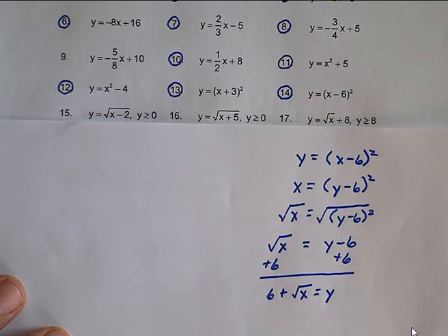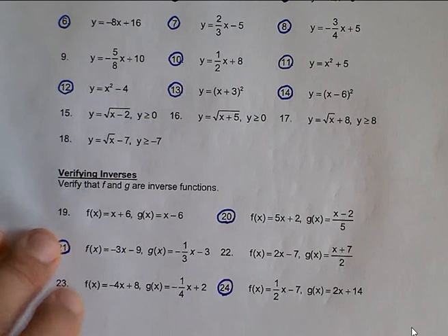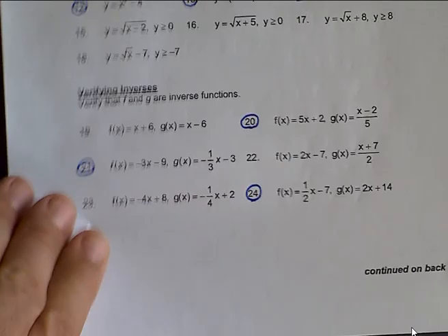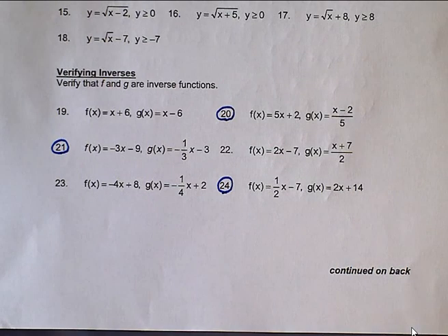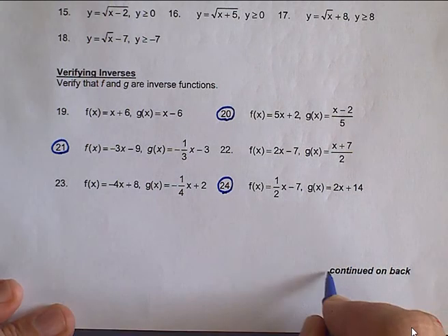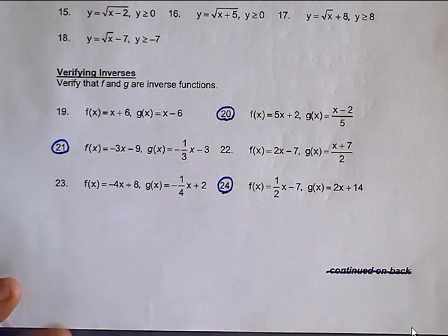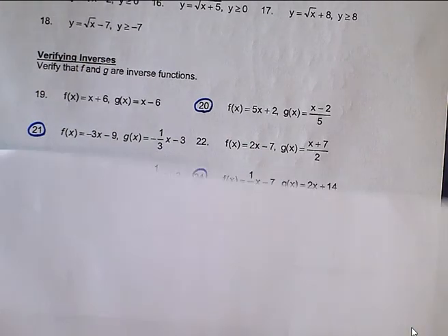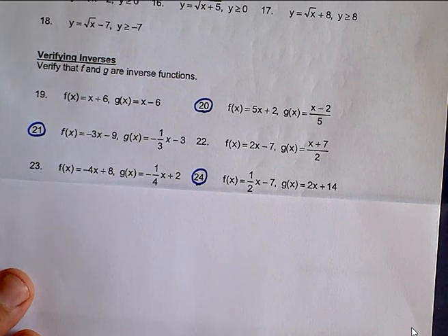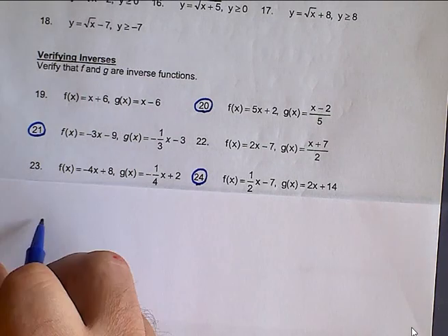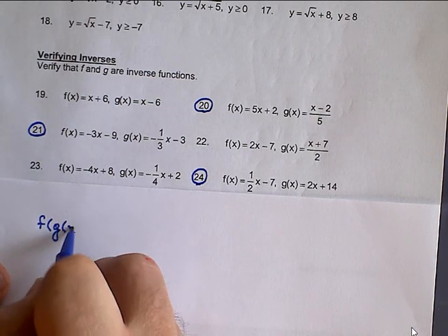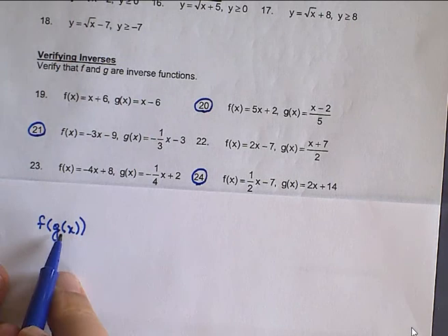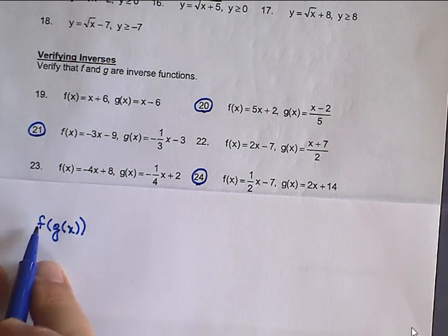Lastly, on the bottom of the page where you're testing to see if you have inverses, again, remember we're forming composites. So let's do number 24. And remember, cross this out down here. Don't do the backside. So number 24. If I go f of g of x first, this says take the function g and plug it into f.